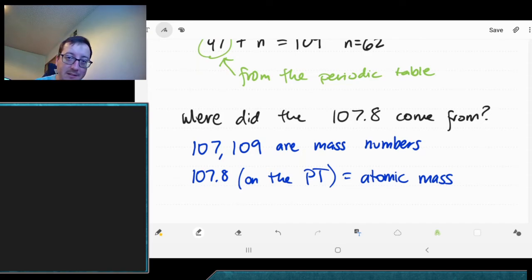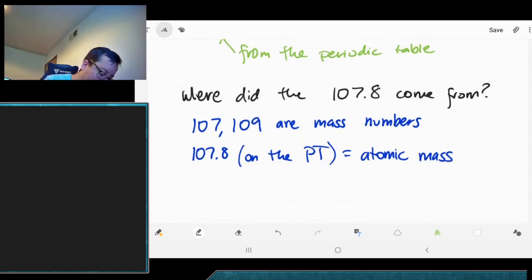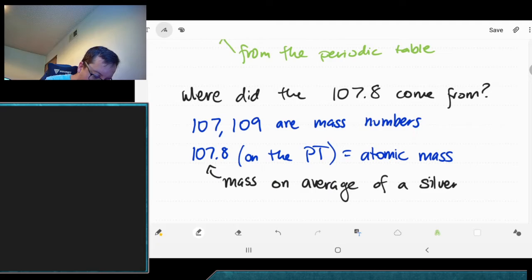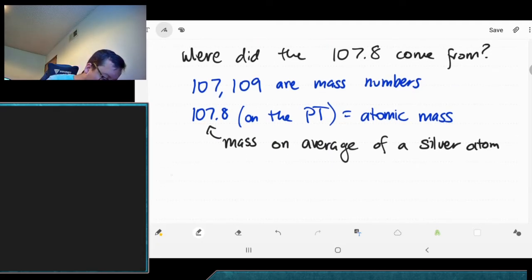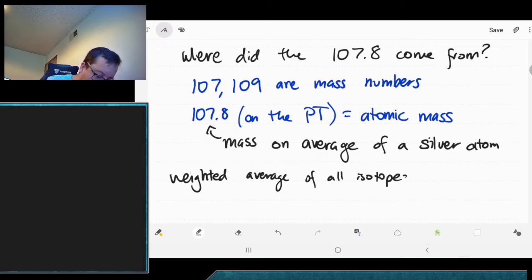And so does it ever make sense to talk about a single water molecule in kinds of practical sense? No, it doesn't. And so we're going to see that this is kind of the mass on average of a silver atom. And more formally speaking, that is the weighted average of all isotopes will give you the atomic mass.